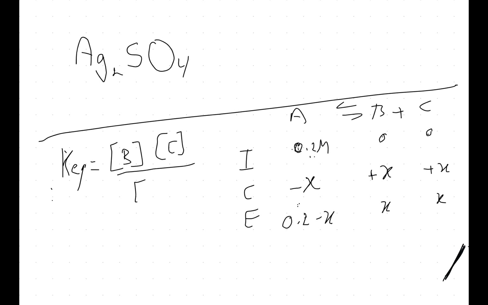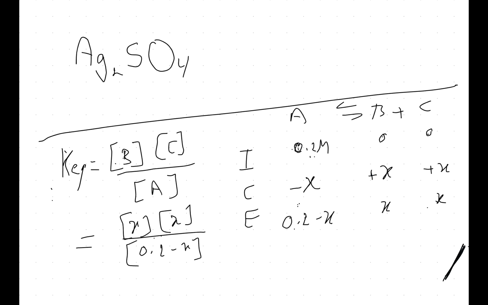B is X concentration, and C is X concentration over A, which is 0.2 minus X. And if you still remember, I always ask you to please cancel X, because it's very, very small in comparison to 0.2. This is what we studied last time.